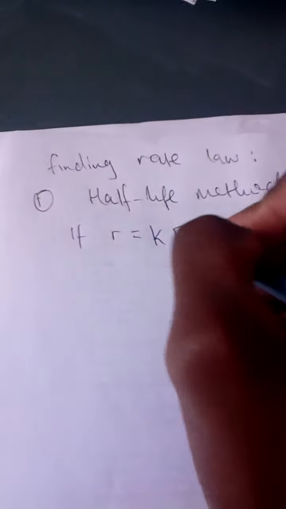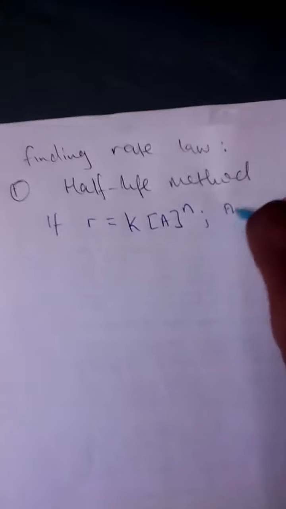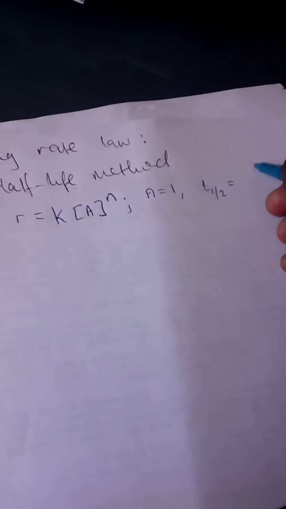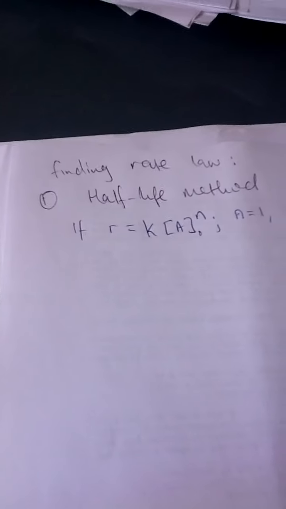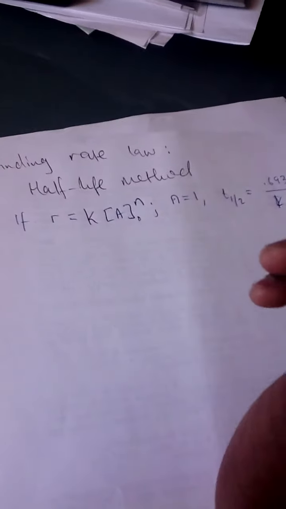Now let's say r equals k A to the n. Let's say n is 1. We know from previous examples that the half-life is 0.693 over k, which is independent of the initial concentration A0.